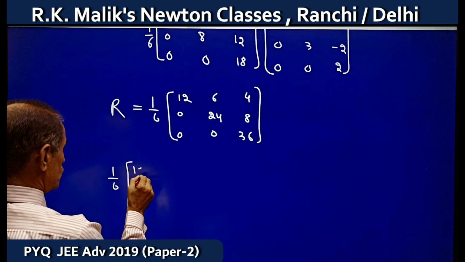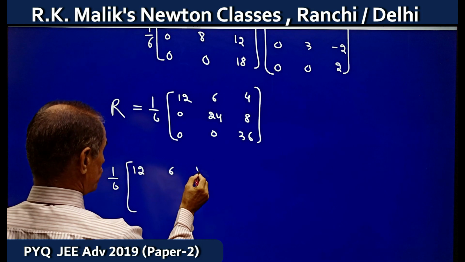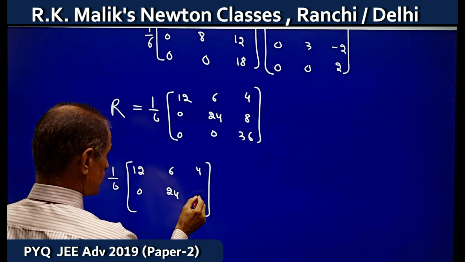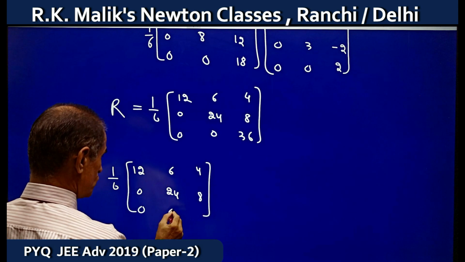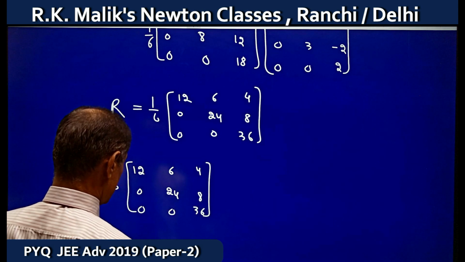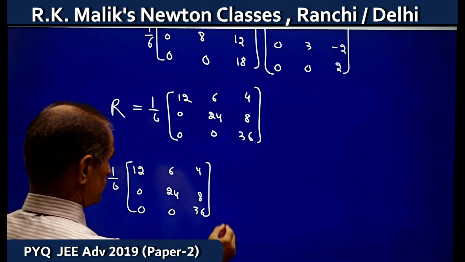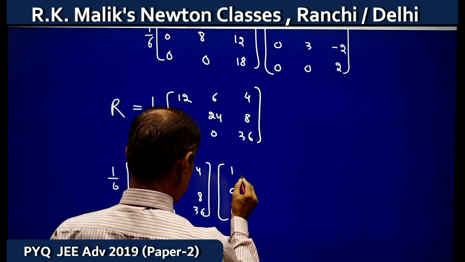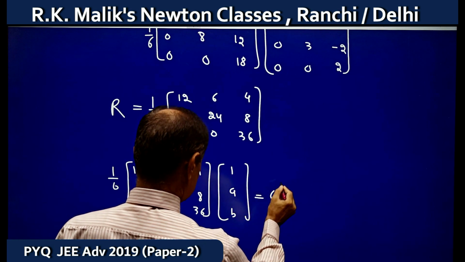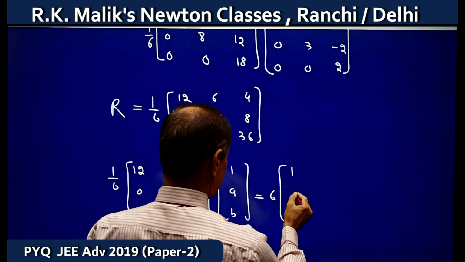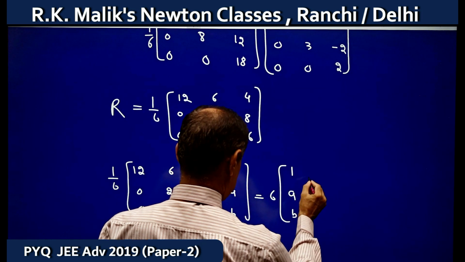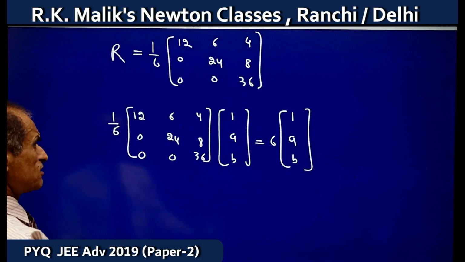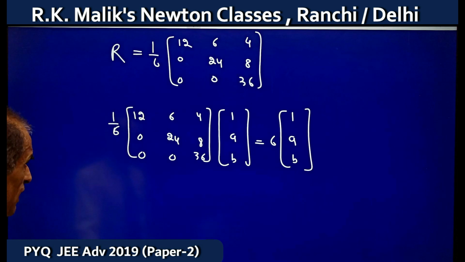into 12, 6, 4; 0, 24, 8; 0, 0, 36 into 1, A, B is equal to 6 into 1, A, B. And now take 6 on this side and compare the corresponding elements.